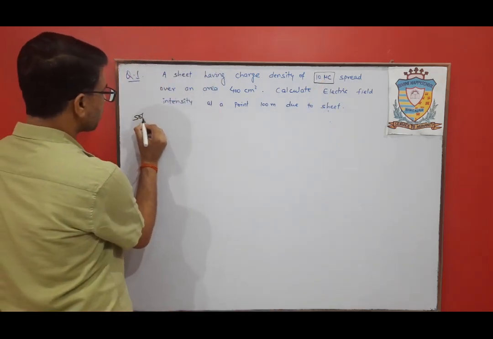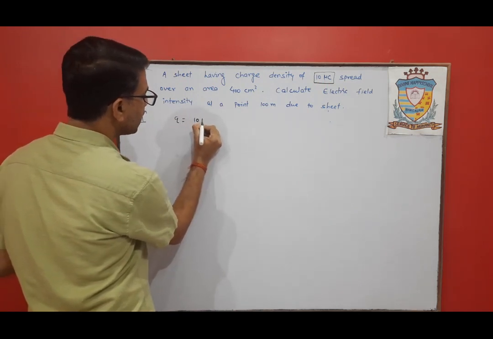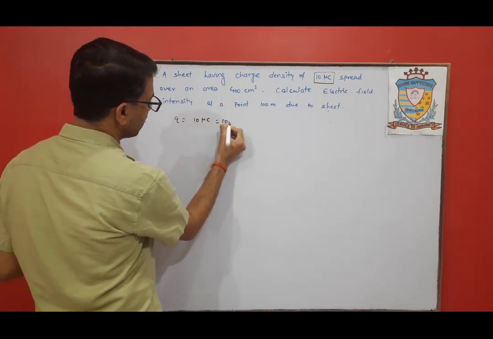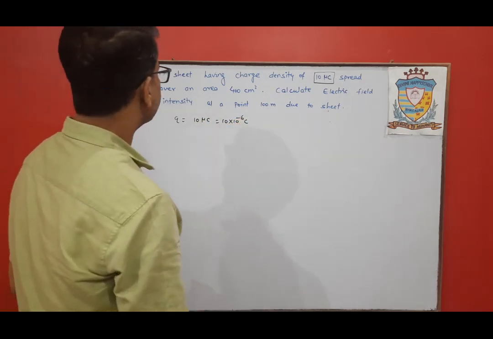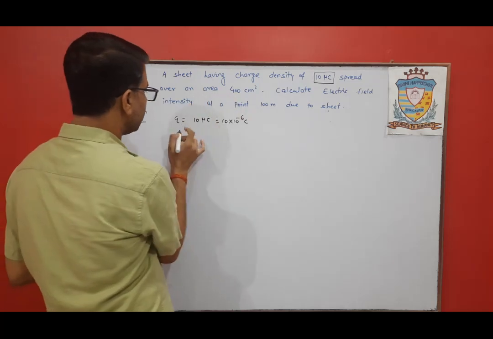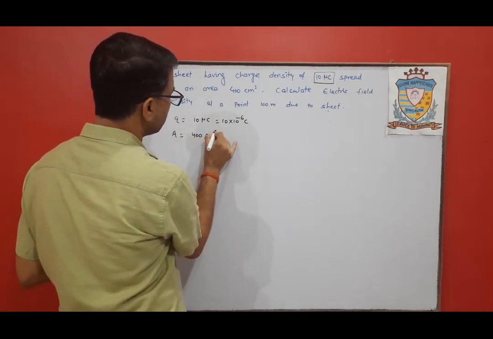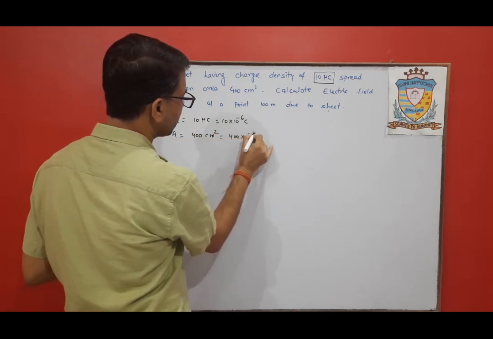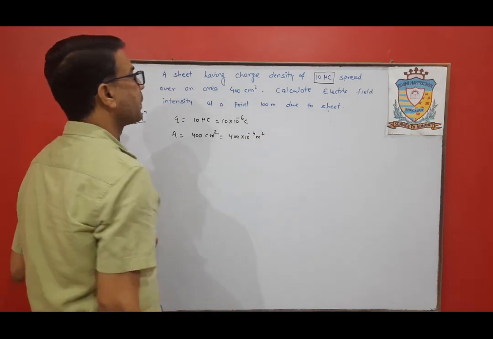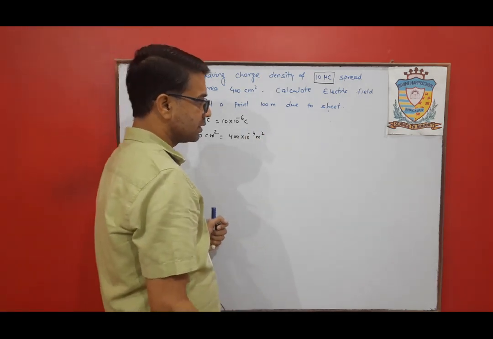So Q is equal to 10 microcoulomb, or 10 into 10 to the power minus 6 coulomb, spread over an area of 400 centimeter square. So A is equal to 400 centimeter square, which can be written as 400 into 10 to the power minus 4 meter square. Calculate the electric field intensity at a point 100 meter due to the sheet.